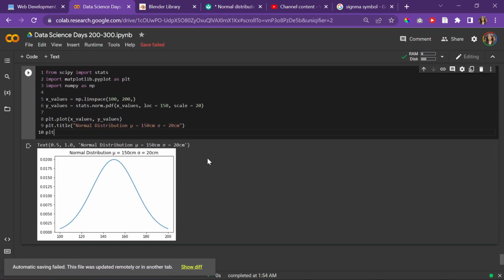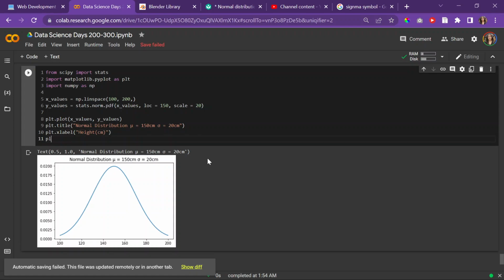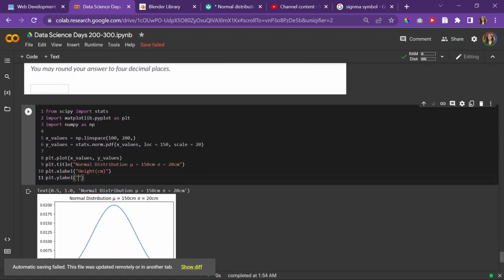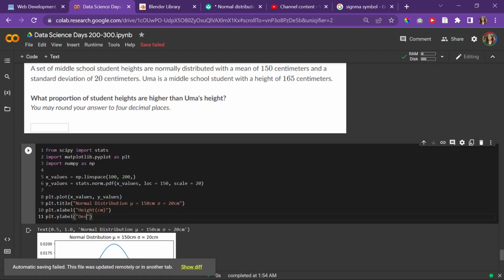Run that, and let's do x label, which is our x-axis label, and we're going to call it height in centimeters. And then we're going to do our y label, and we're going to call it density, the density or the probability of each height.